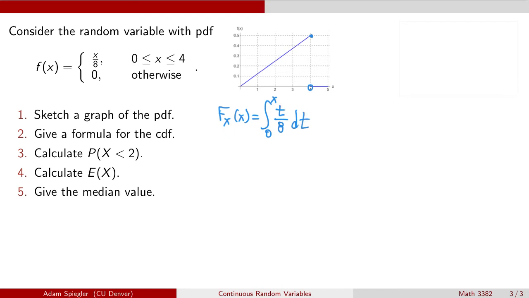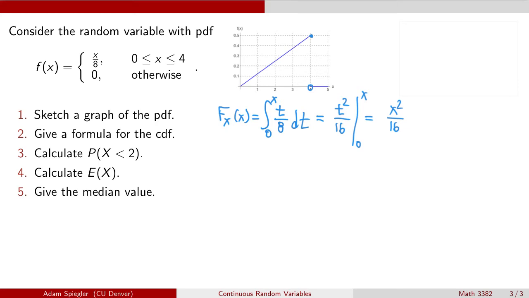And so for this, we can integrate this, and here we would get t squared over 16 from 0 up to x. And now when we evaluate this, we get x squared over 16. So the CDF, we can find a formula by integrating the PDF, since the CDF is an antiderivative of the PDF.